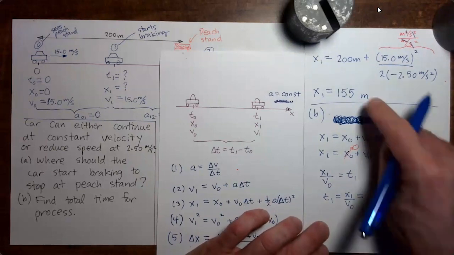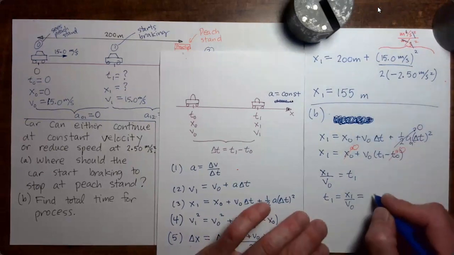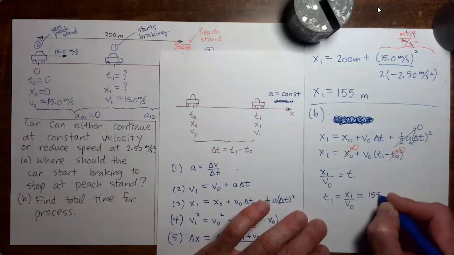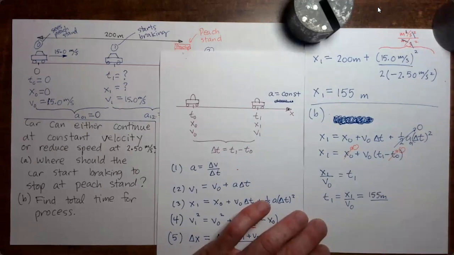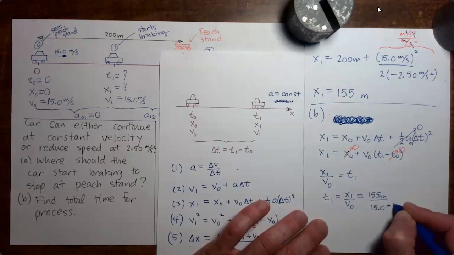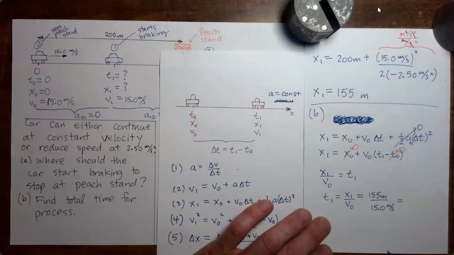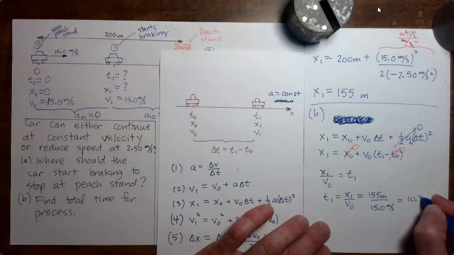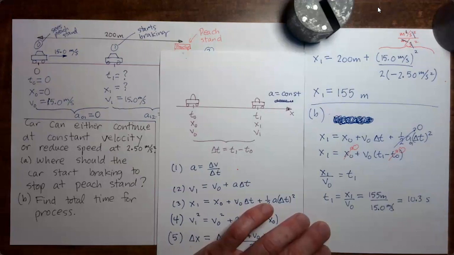And then substituting, x1 was 155 meters. Divide by v0, which was 15 meters per second. And I get 10.3 seconds. As far as the unit checking, meters cancels meters. 1 over seconds in the denominator flips up to become seconds.